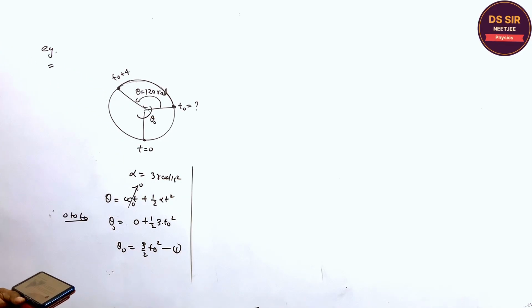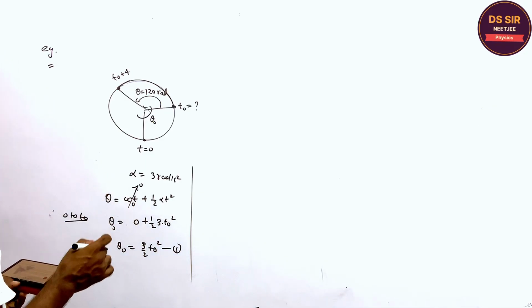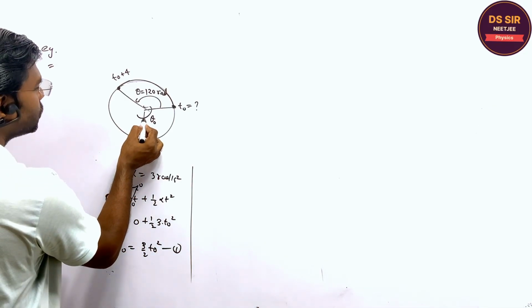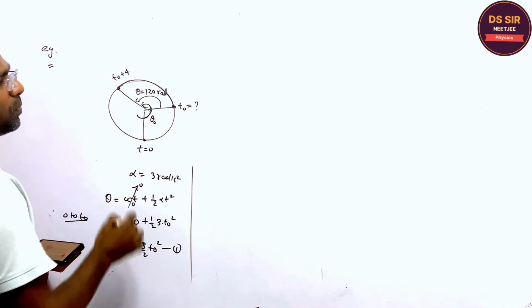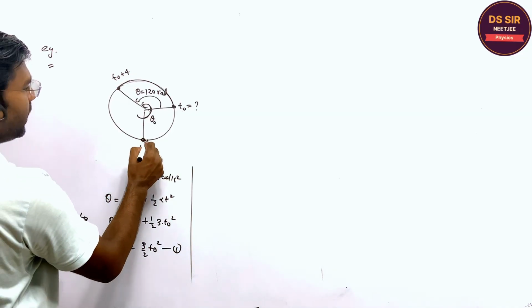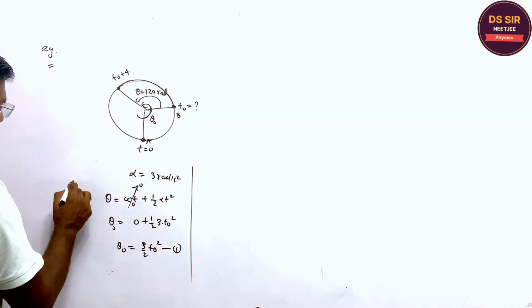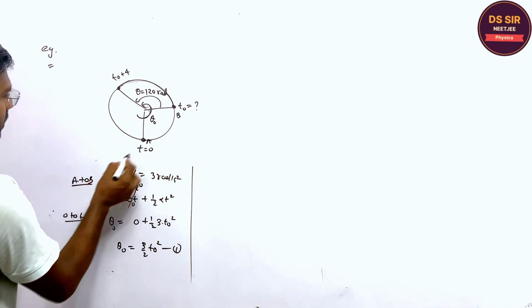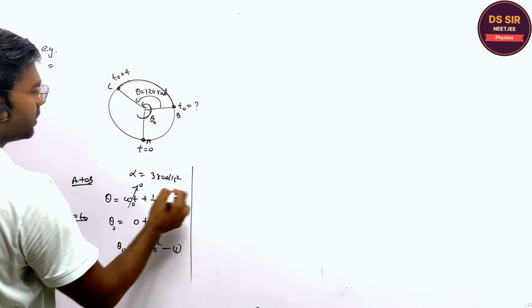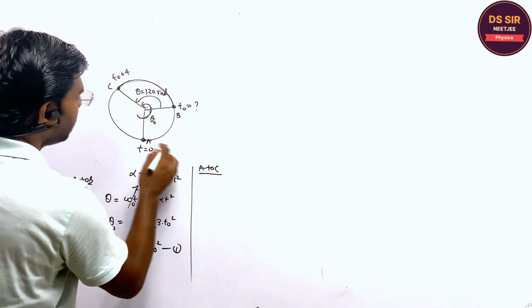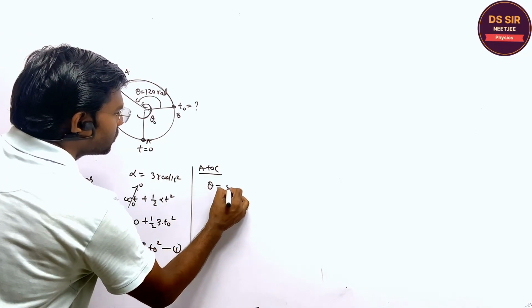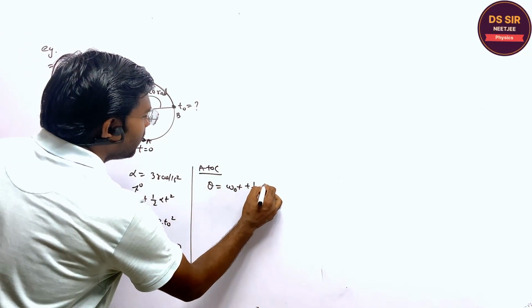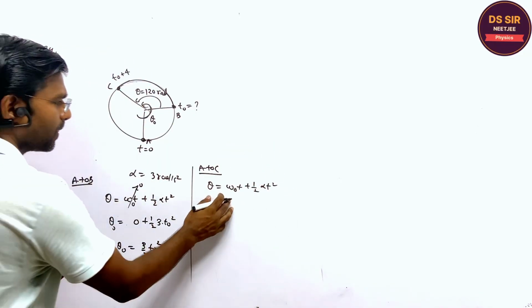All right. Now the second equation I will make from 0 to t naught plus 4, from A to C. I will apply again theta is equal to omega naught t plus half alpha t square.